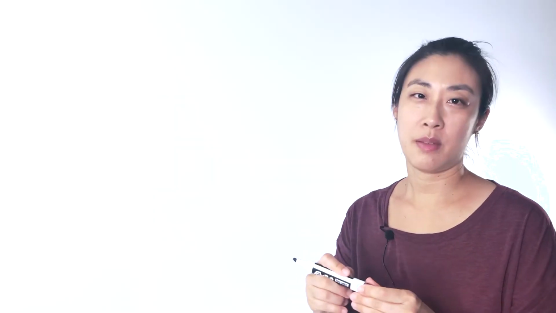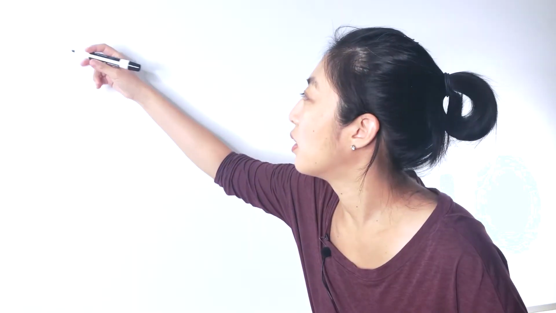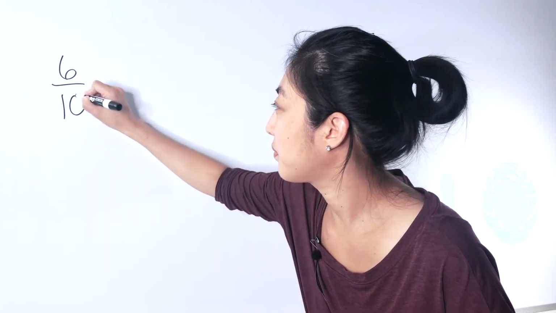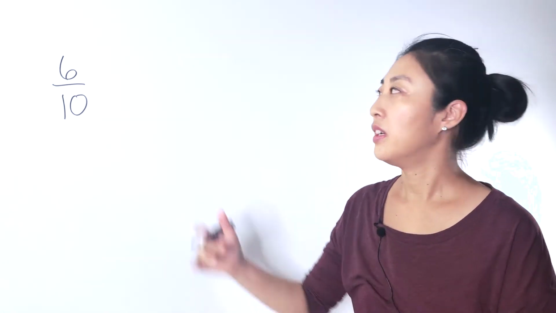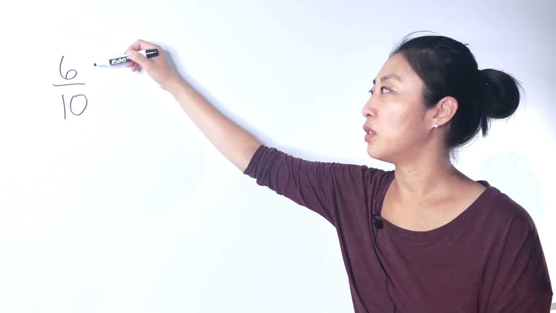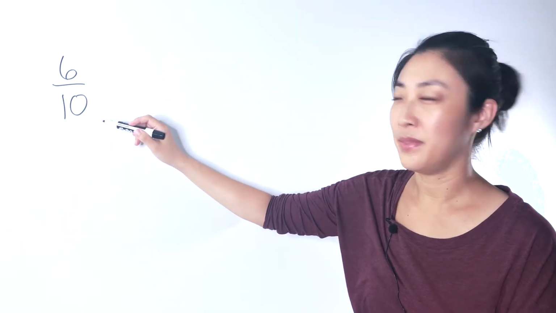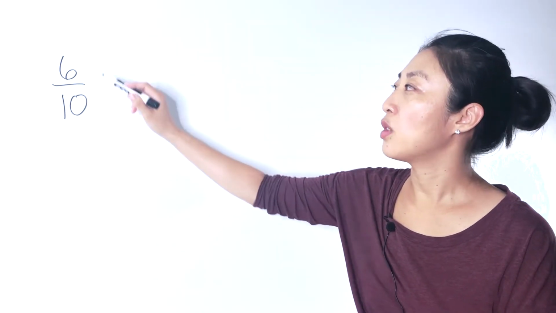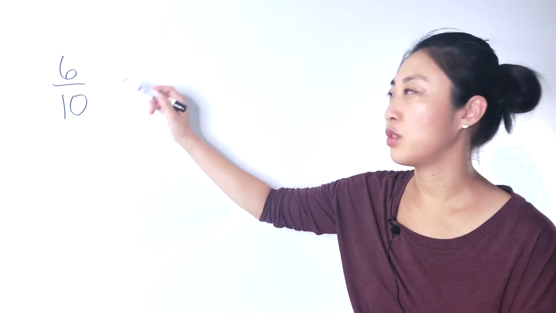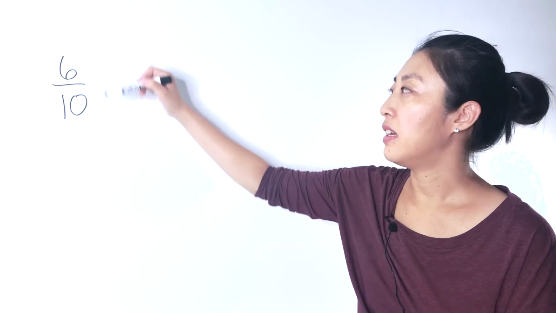Okay, let me give you an example of a fraction that needs to be simplified. Here's a fraction, 6 over 10. Just to review, with a fraction, the number on the top is called the numerator and the number on the bottom is called the denominator.